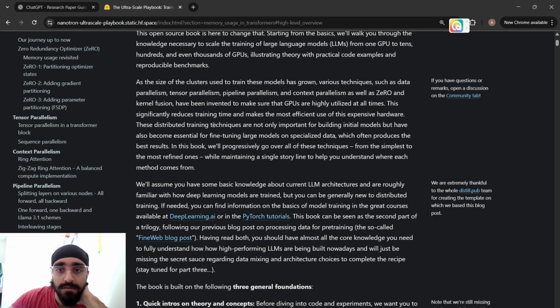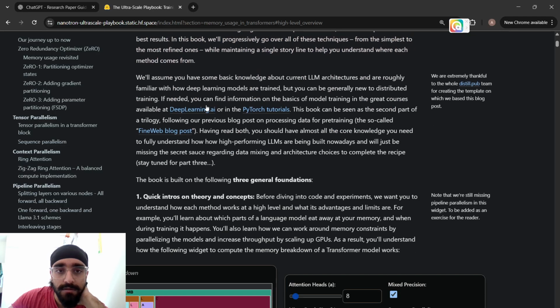Clusters used to train with various techniques such as data parallelism. We'll discuss what data parallelism, tensor parallelism, pipeline parallelism, and context parallelism are. We will do that as well as ZeRO and kernel fusion. Kernel fusion we'll also discuss, hopefully. Okay.